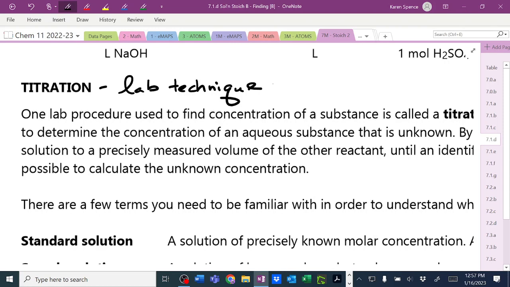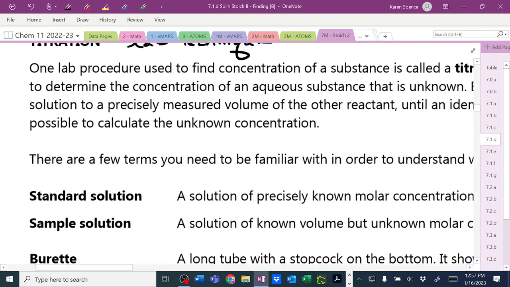Yes? Okay. So there's a few words that you need to know about this. We have a standard solution. Standard just means known. You might want to write that down. Standard means known. Not just any old known, it means it's a known concentration.